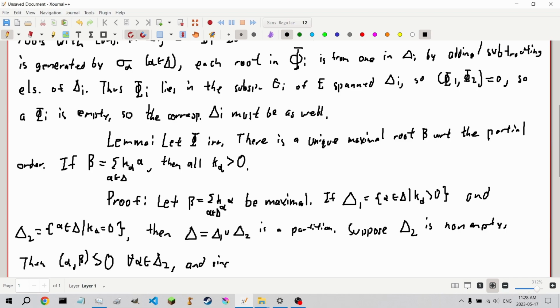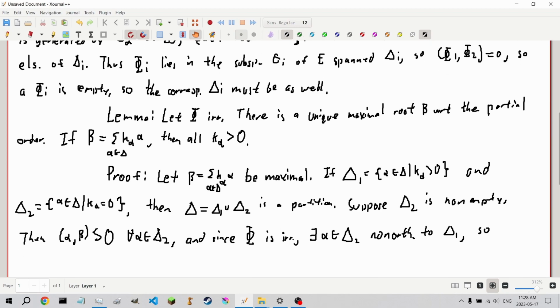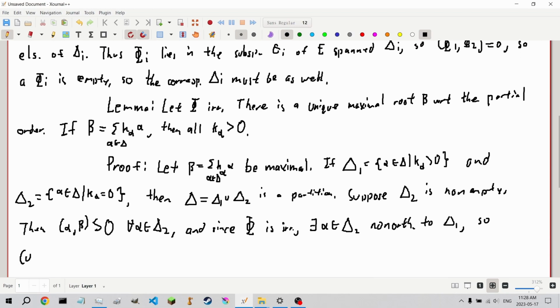And since phi is irreducible, there must be an alpha of our delta 2 non-orthogonal to delta 1, so that the bracket of alpha and alpha prime is negative for some alpha prime in delta 1.